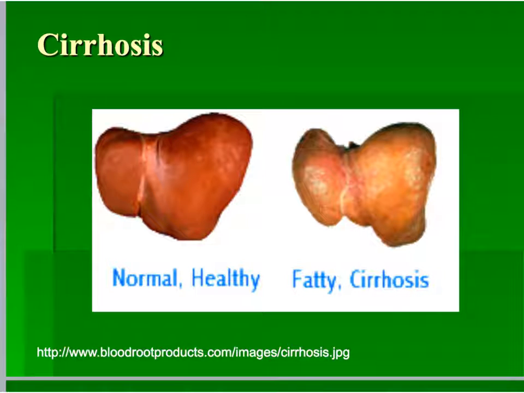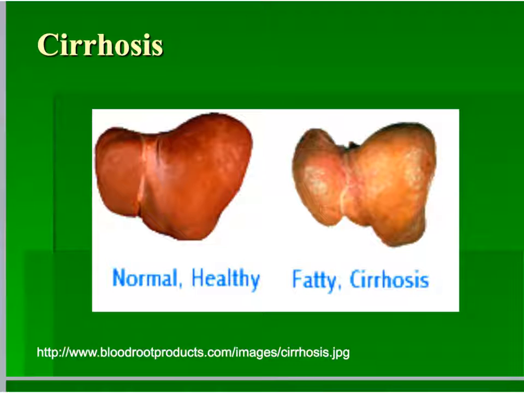We're also going to see hypoalbuminemia. They're going to have low levels of albumin in their blood because the liver is not producing albumin. They're going to have altered clotting factors, so their prothrombin time, PT, or partial thromboplastin time, PTT, will be increased.